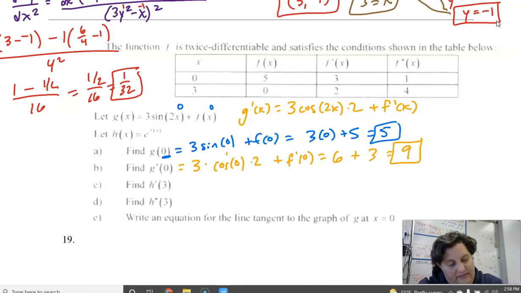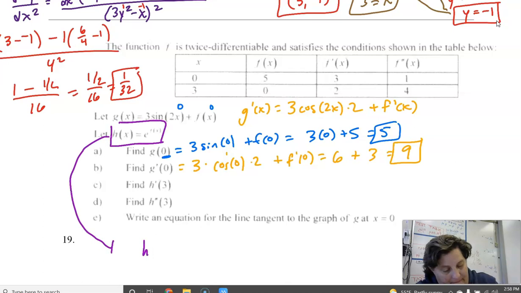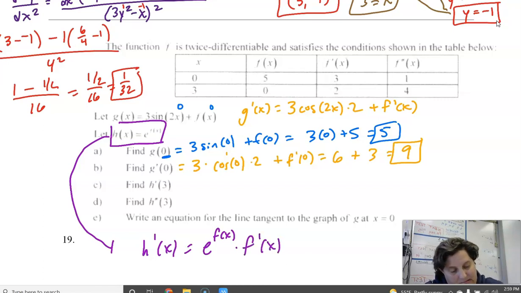Okay, next I'm going to do h prime of 3. All right, let me figure these out down here. If it's e to the f of x, the derivative will be e to the f of x times f prime of x. All right. So h prime of 3 would be e to the f of 3 times f prime of 3.